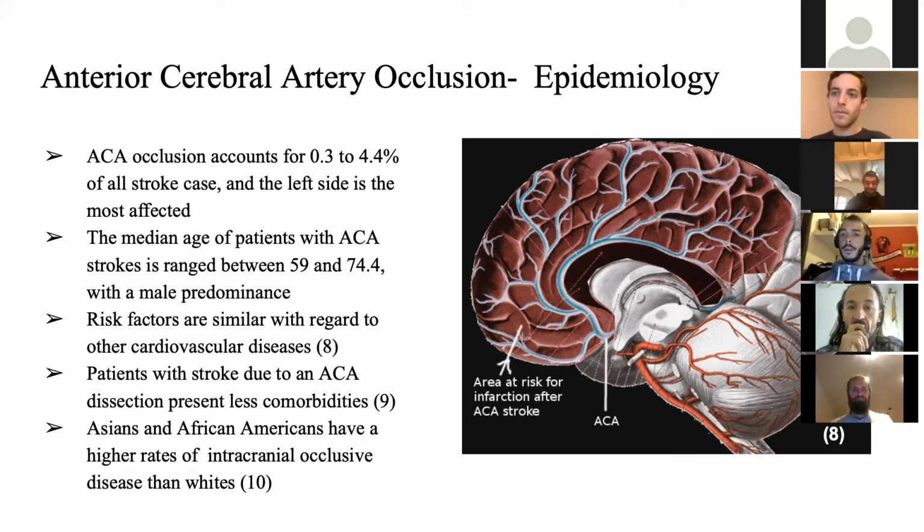The risk factors are similar to other cardiovascular diseases. The patterns of arterial occlusion are different in African Americans and Asians than in whites, making Asians and African Americans more likely to have higher rates of intracranial arterial occlusive disease. Another reported mechanism by which an ACA stroke may develop is following an arterial dissection, where patients present also with fewer comorbidities, like fewer associated cardiac diseases and a lower prevalence of arterial hypertension.